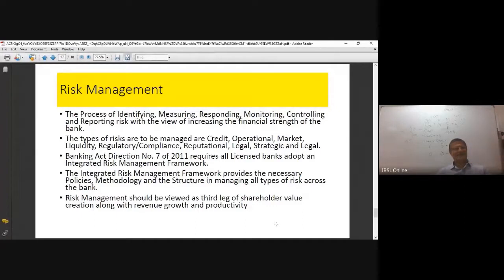Mainly, what is risk? What are the types of risk a financial institution undertakes? And what's the process of managing that risk? These are the 3 major areas to summarize what we have already learned in the last 1 hour, 1.5 hours, or 2 hours rather.